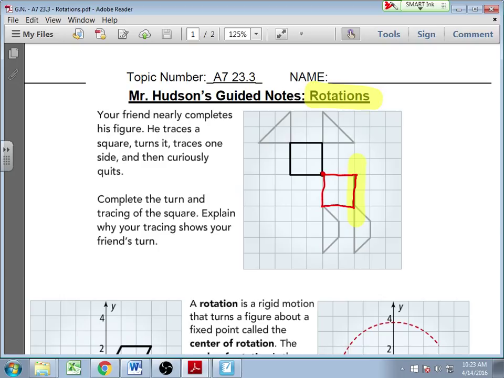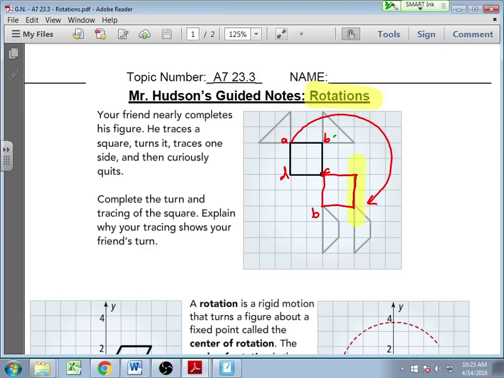Now here's the weird thing. If I labeled this A, B, C, D, C is going to stay the same point. But where does B end up? Baylor? In the bottom left corner. In the bottom left, because if this entire shape rotates and the amount of degrees that we're going is actually 180, every point will rotate 180 degrees.